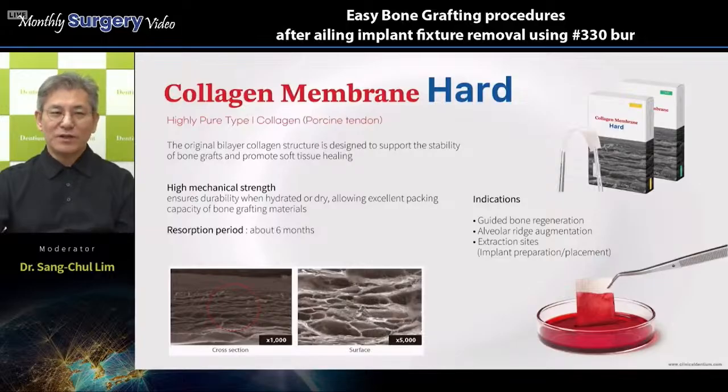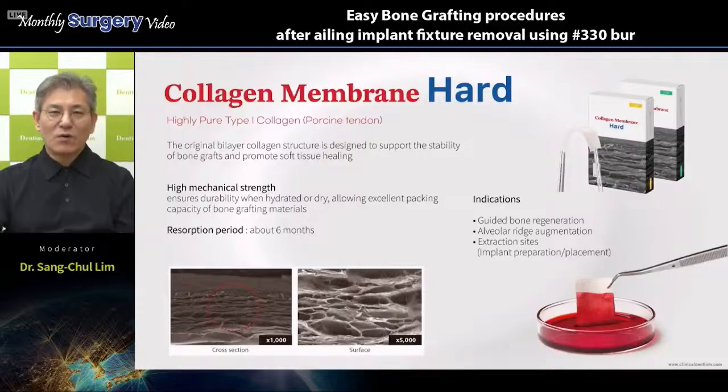The collagen membrane. The collagen membrane has two different types, as you know, the hard one and the softer one. Today, the hard type collagen membrane will be applied. This hard type is the conventional, traditional type, more resilient and stiff, and longer lasting, more than 6 months.